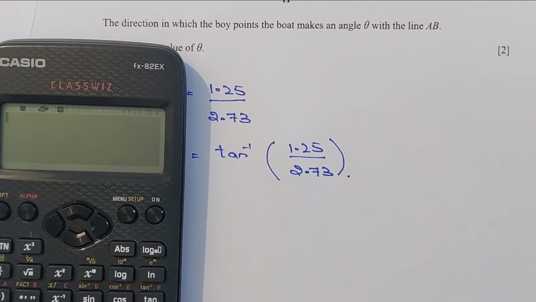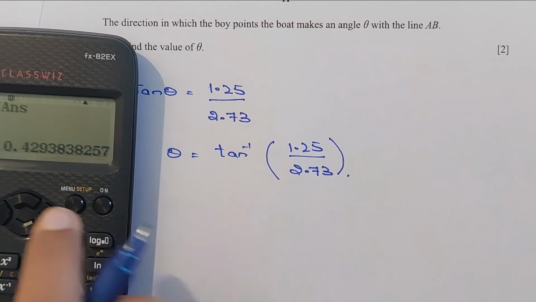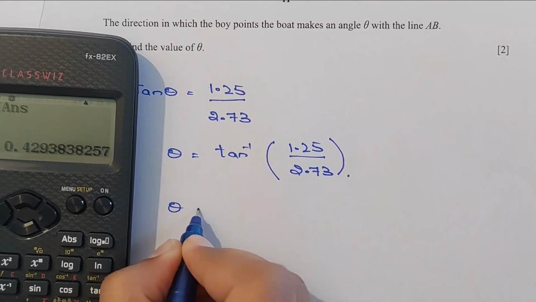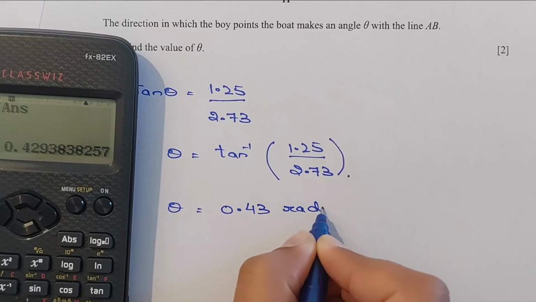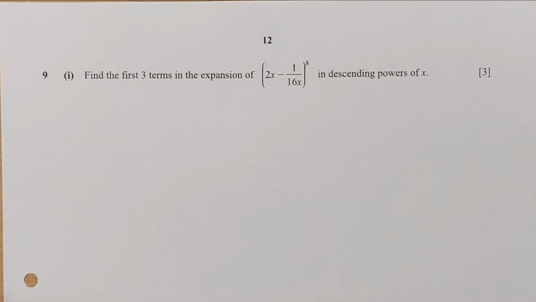My calculator is in radians, so let's do it in radians. 1.25 divided by 2.73, and tangent inverse of the answer is equal to 0.4329, or 0.43. Theta is 0.43 radians. You can do it in degrees as well, that's fine. Question number 9, part 1.